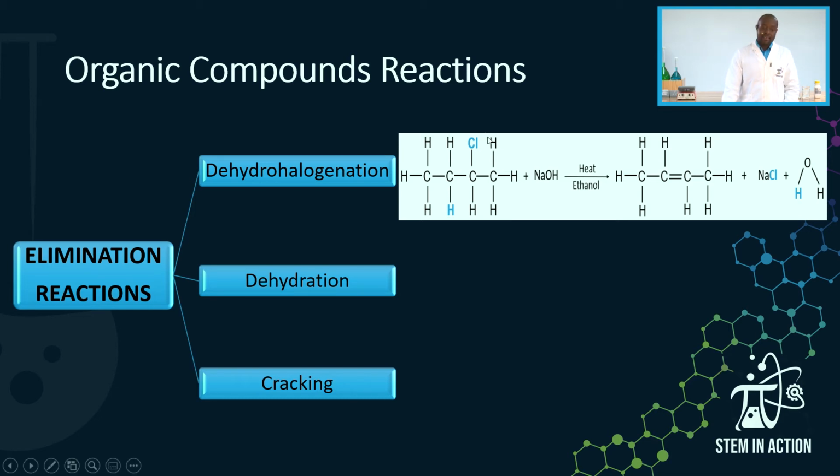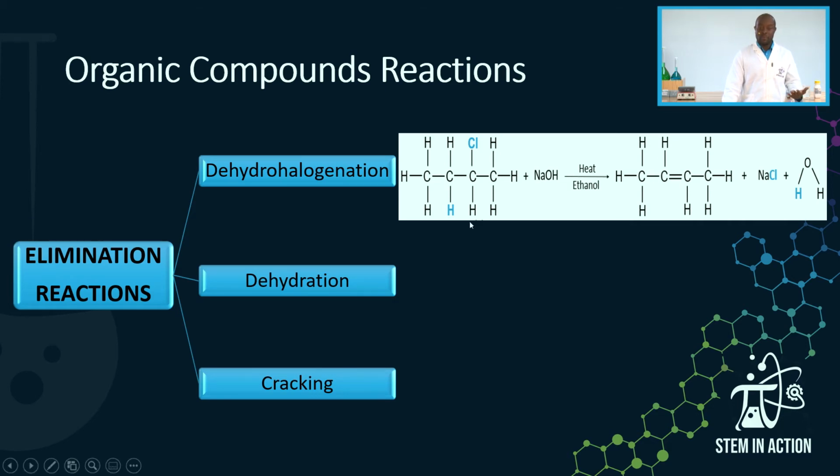So in this case, we are removing this halogen and that hydrogen, and they have to be bonded to adjacent carbons or carbons next to each other, such that we can form a double bond between those two carbons.